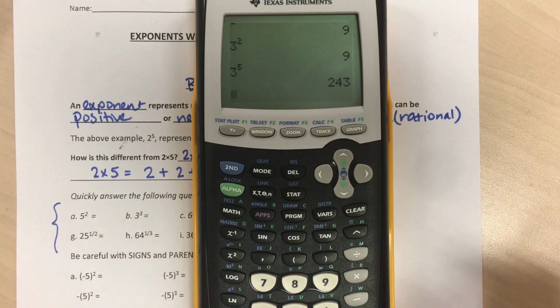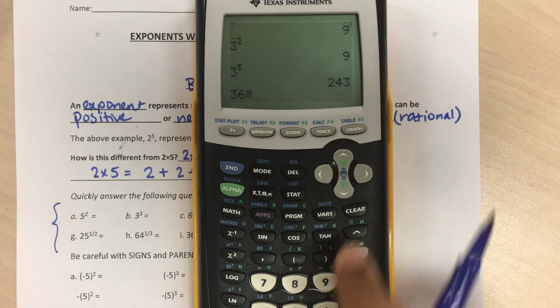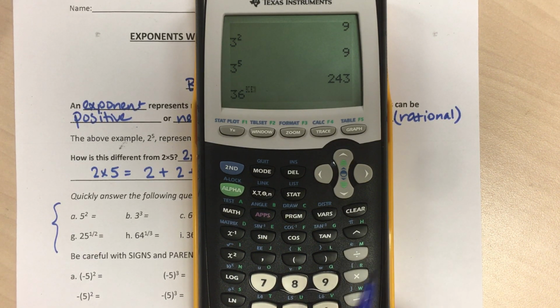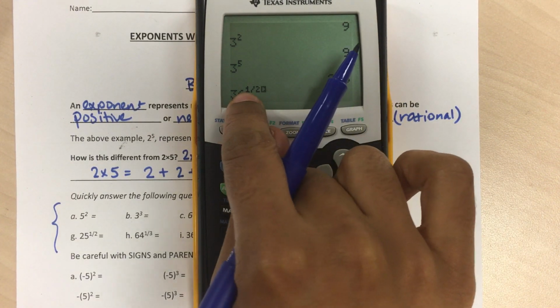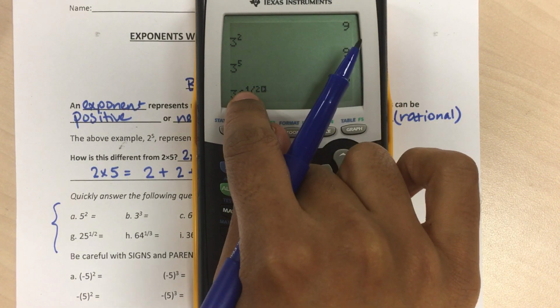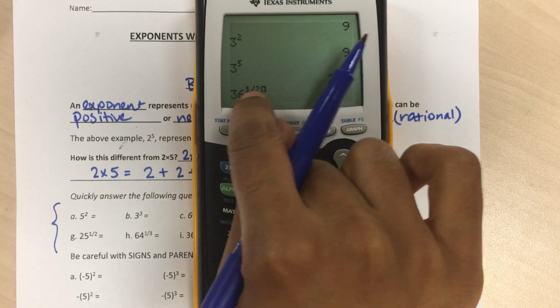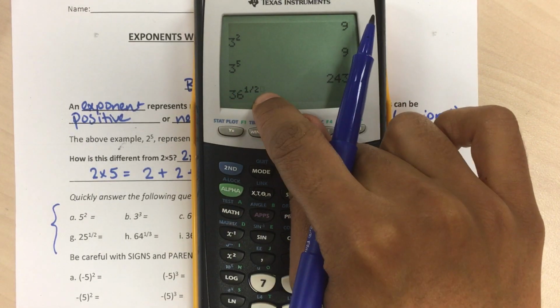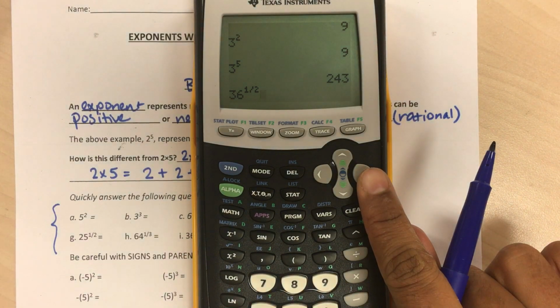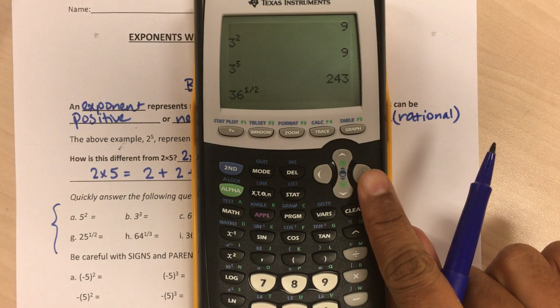And if my power is a fraction, I can do that too. I can do 36 raised to the 1/2 power. And my calculator will continue to write up here in the exponent section until I use the right arrow key and come out of there. And then it'll type normal again.